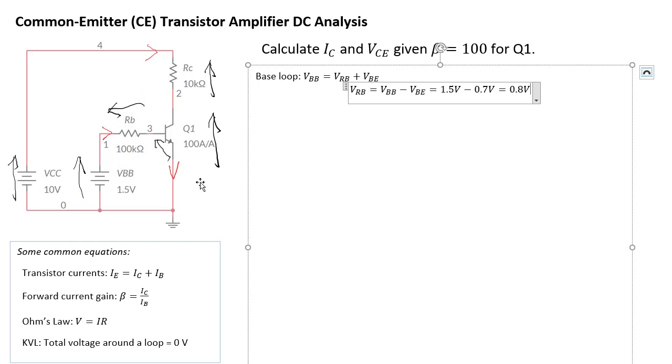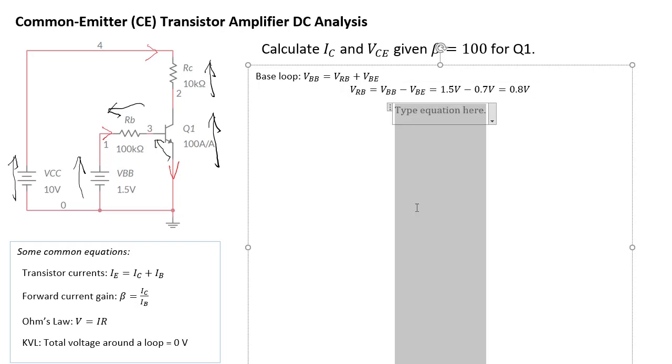With VRB, we can now work out IB, the current there.